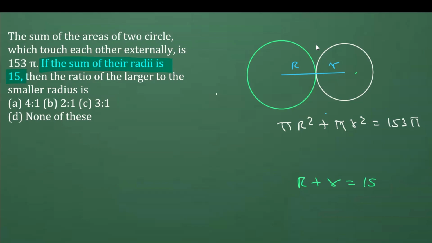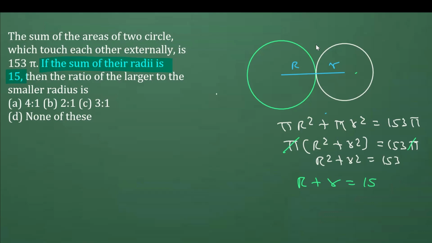Now it's very clear that there's a square relation and we'll be using quadratic over here. But before that, it can be simplified further by taking pi as common from the left hand side. You can figure out that this pi gets cancelled. So as a result, capital R square plus small r square is equal to 153. Now here I'm going to do substitution in the next step.